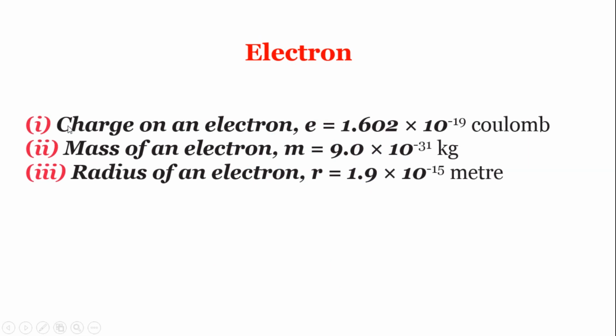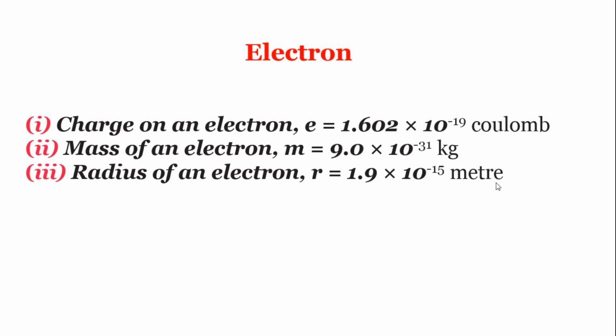So the electron has a charge. The charge of an electron is equal to 1.602 into 10 power minus 19 coulomb. The mass of an electron is equal to 9 into 10 power minus 31 kg. The radius of an electron is equal to 1.9 into 10 power minus 15 meters.